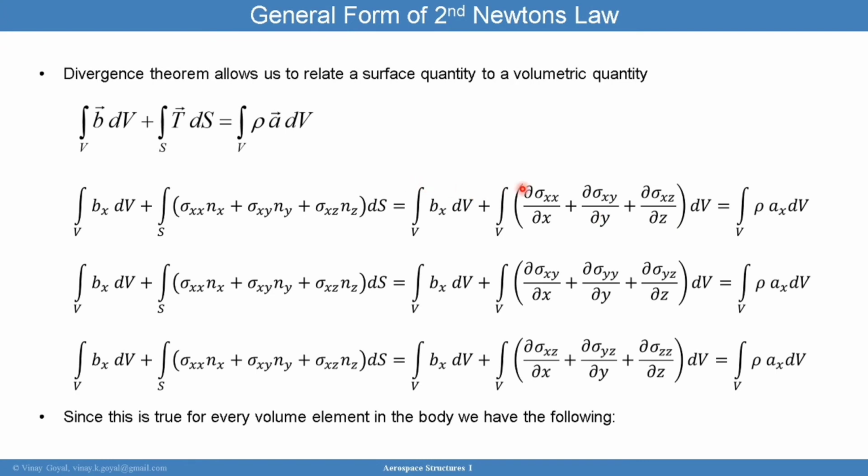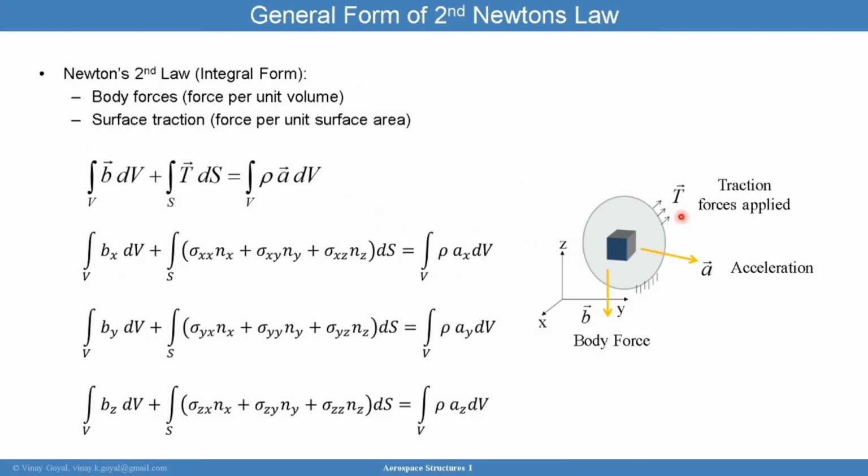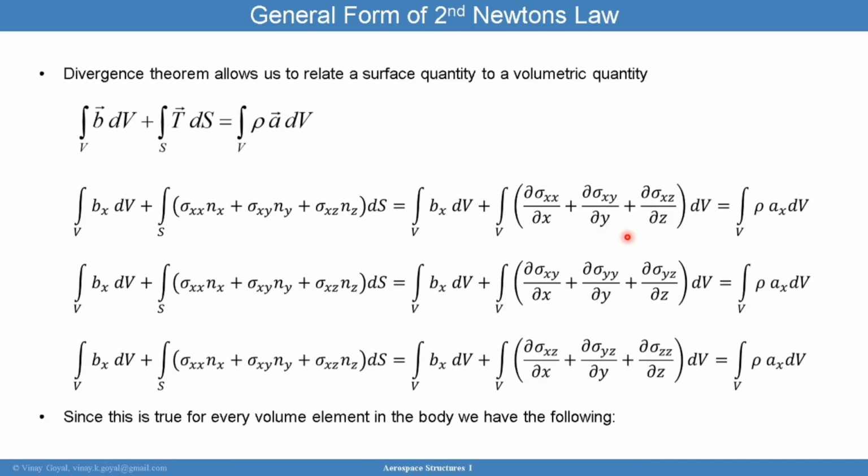And the point now being is that this is a volume integral, while this was a surface integral. So I'm slowly starting to connect a surface quantity to a volumetric quantity, something I can then go in and use to determine whether stresses could be a problem inside the body. And that's really the goal here.